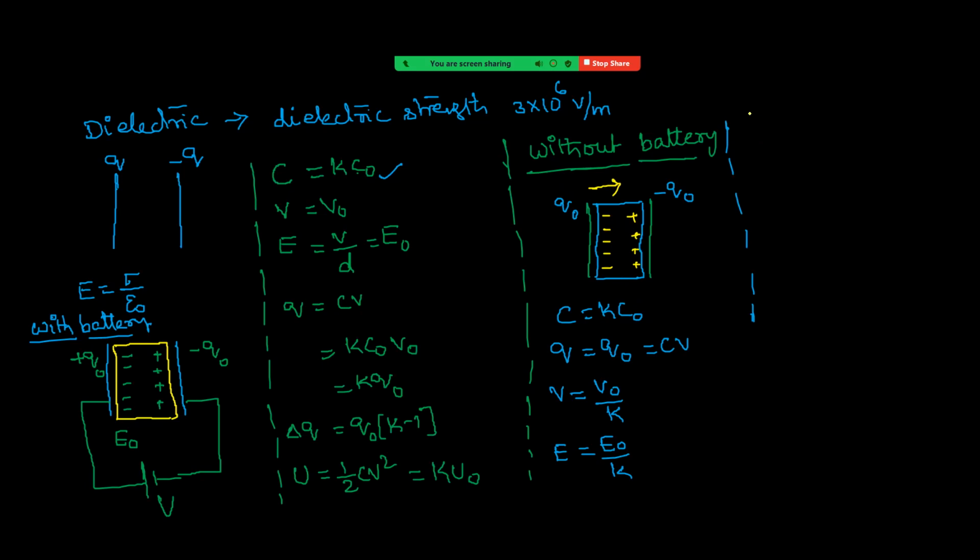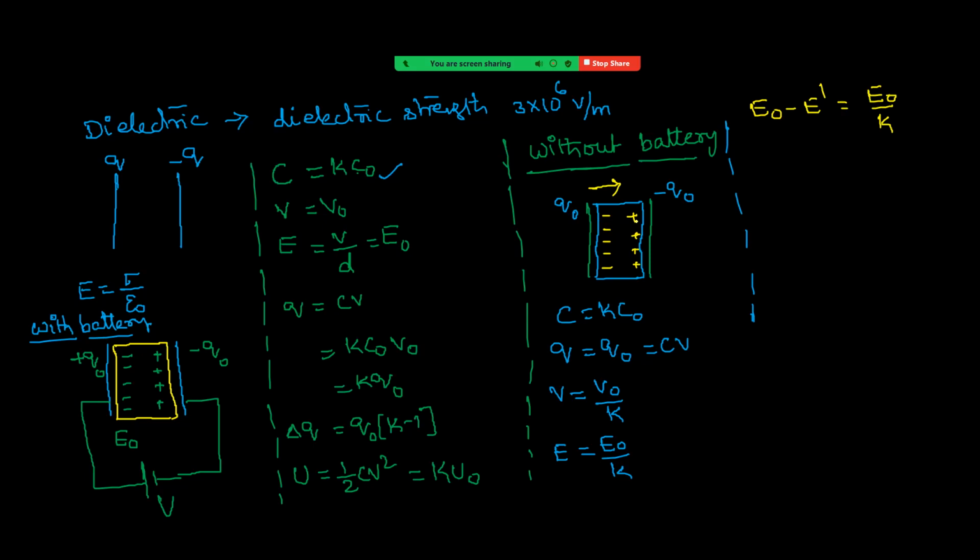And what I can write here: E naught minus E dash is equal to the net, which is E naught by K. See carefully. E naught is the field due to the charge Q naught on the plates.